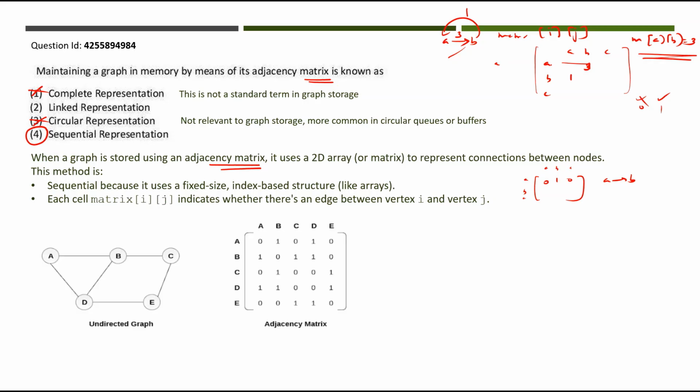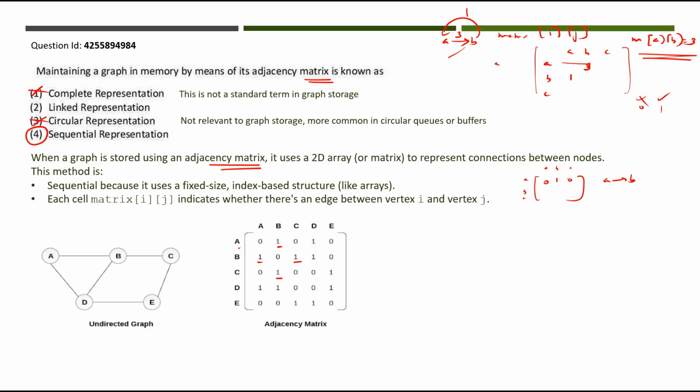This is the adjacency matrix of the undirected graph. From A to B we have an edge, so we have the A to B entry. Since this is undirected, B to A will also have an edge. BC will have and CB will have.